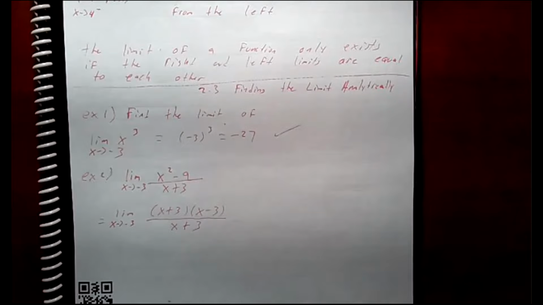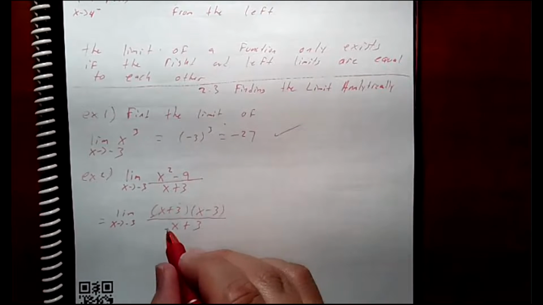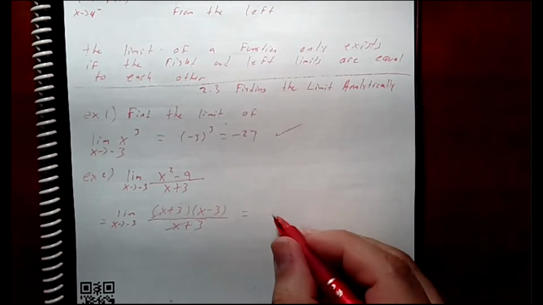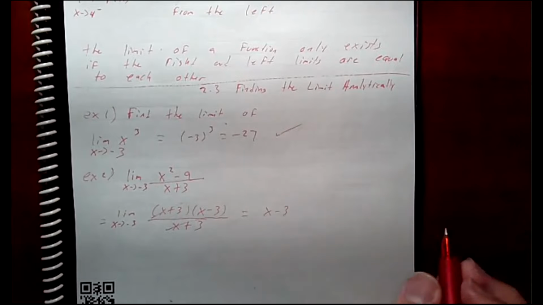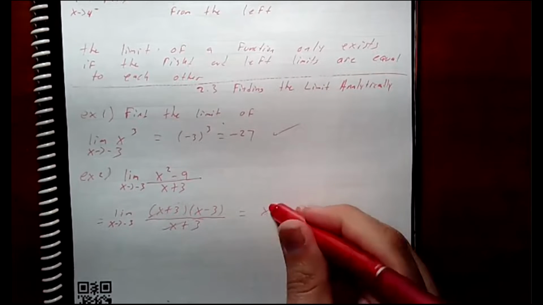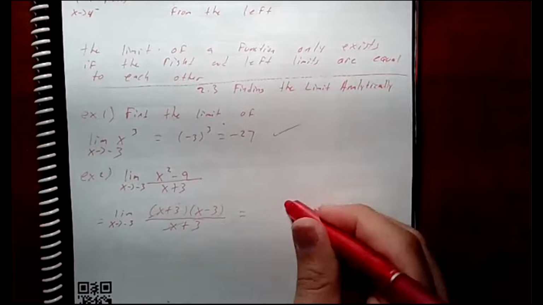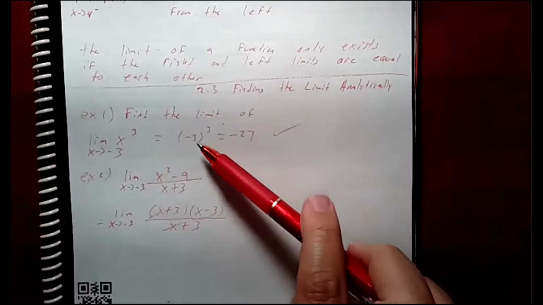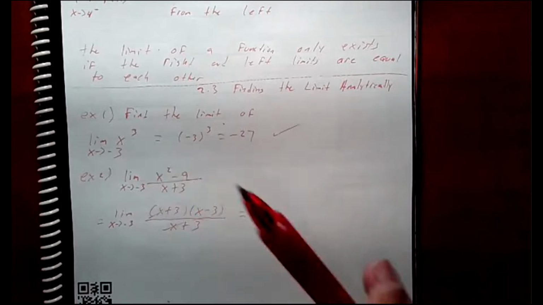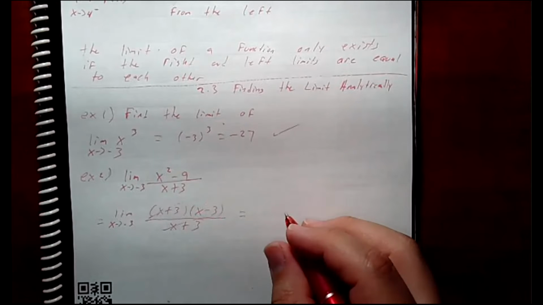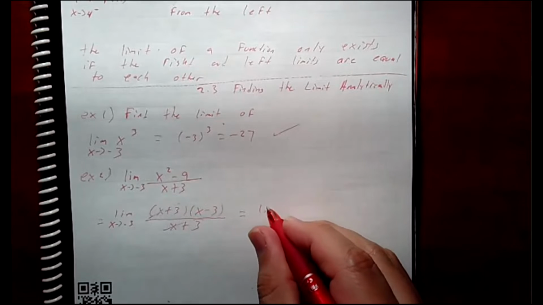Notice that this is going to cancel, right? So now I just have x minus 3. I've got to write my limit. You need to write the limit notation up until you take the limit. Once you plug in the number, I no longer write the limit.